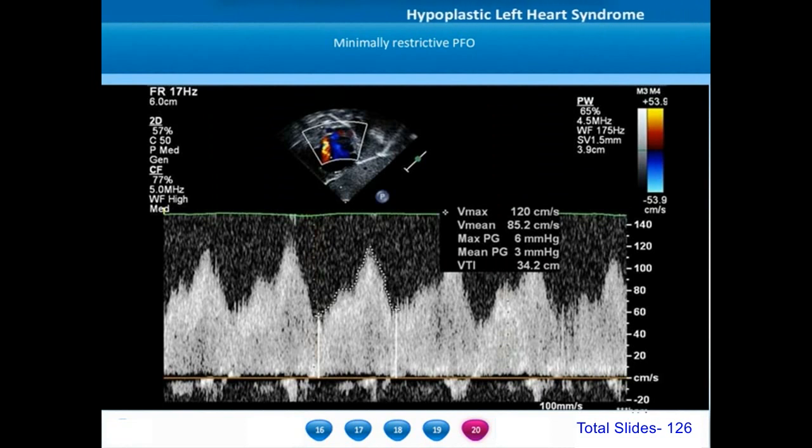When we look at the interatrial gradients by spectral Doppler, we identify that the mean interatrial gradient is around 3 millimeters of mercury and the peak interatrial gradient is around 6 millimeters of mercury. This offers a minimal resistance to the flow of blood from the left atrium to the right atrium, and the pulmonary venous pressures are around 3 to 6 millimeters of mercury higher than the right atrial pressures.